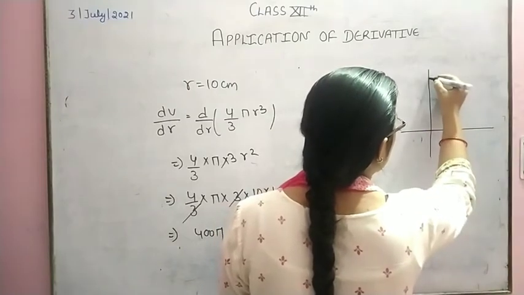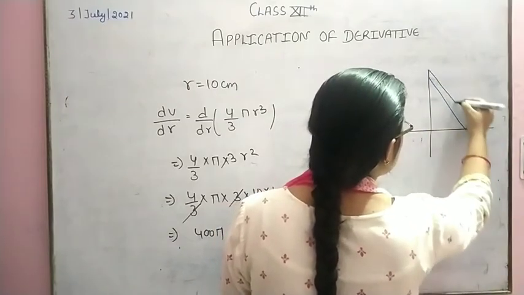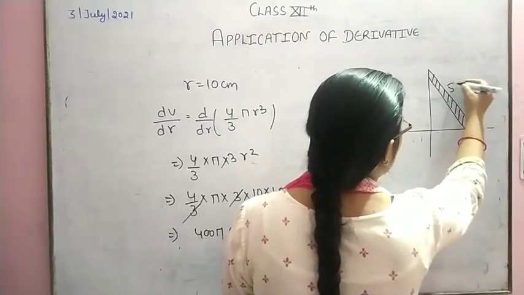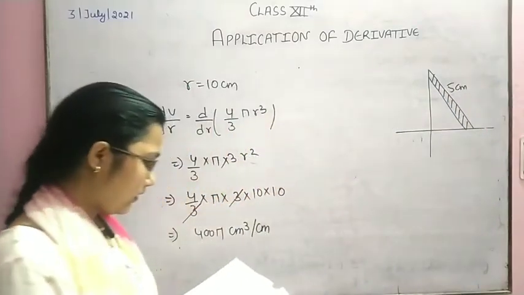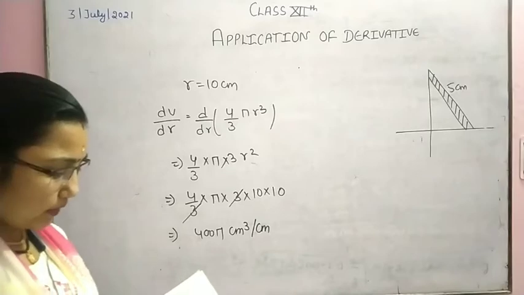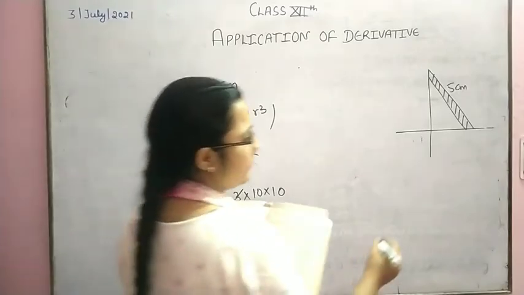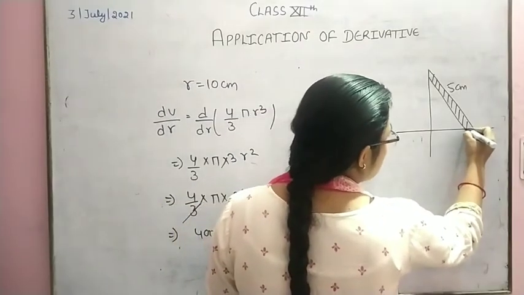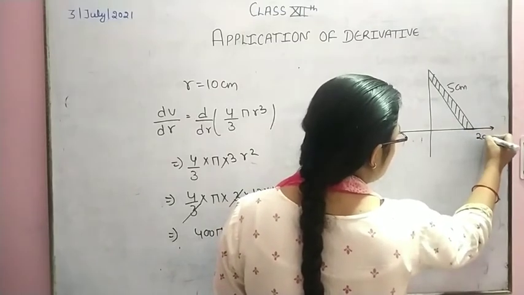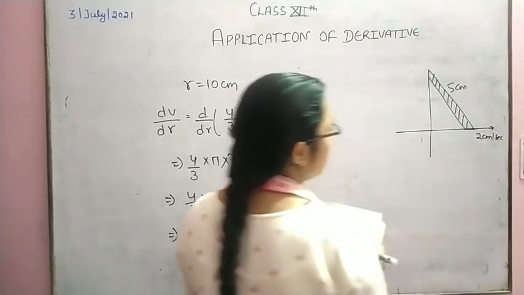First, a ladder of 5 centimeter is given, and then the bottom of the ladder is pulled along the ground away from the wall at the rate of 2 centimeter per second.